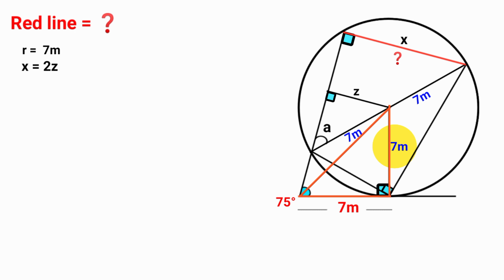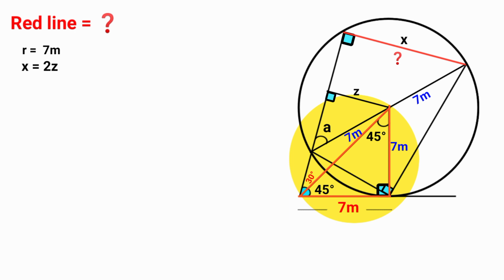The angles of an isosceles right angle triangle are 90 degrees, 45 degrees, and 45 degrees. So since this is 90 degrees, this angle and this must be 45 degrees each. But recall, this whole angle is 75 degrees in size. So since this part is 45 degrees, this must be 75 degrees minus 45 degrees, which is 30 degrees.